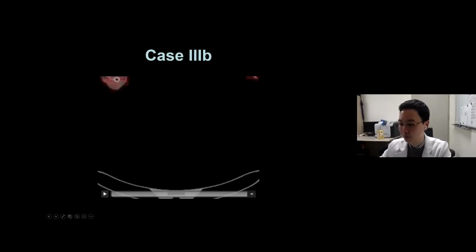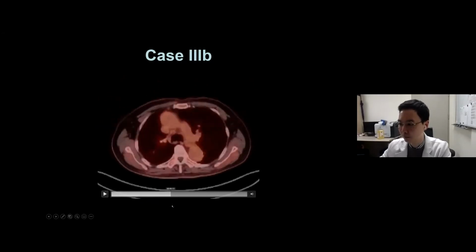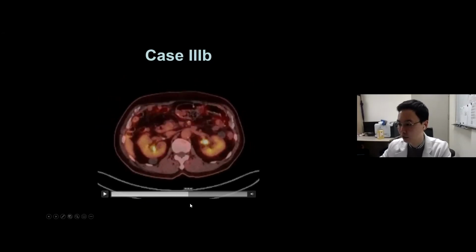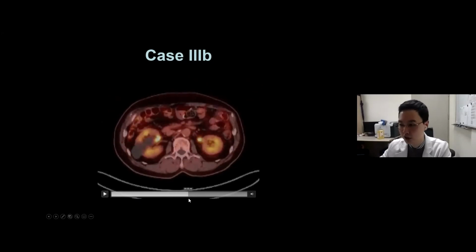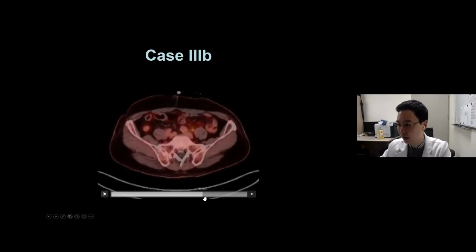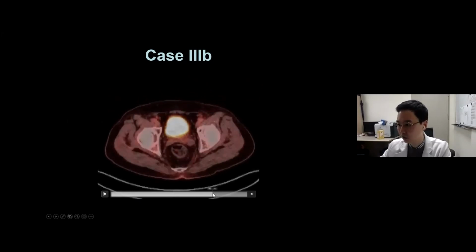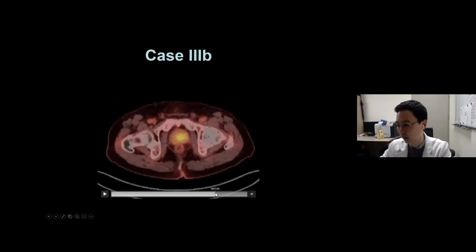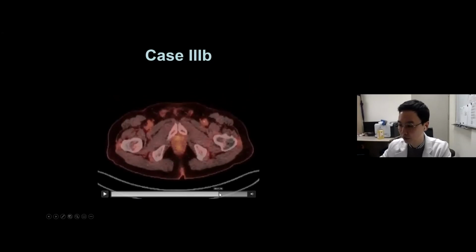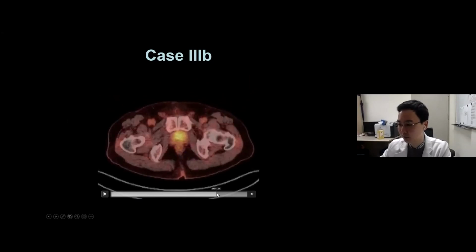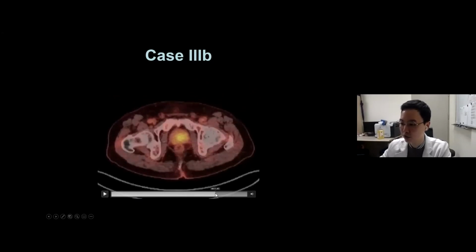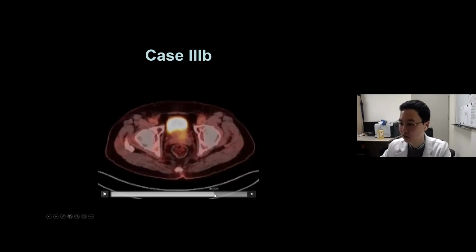Before the biopsy, the patient had an FDG PET-CT for lymph node or distant metastasis evaluation. This patient had no other lesions, but the primary prostate lesion showed high FDG uptake, corresponding to the lesion depicted in the MRI.